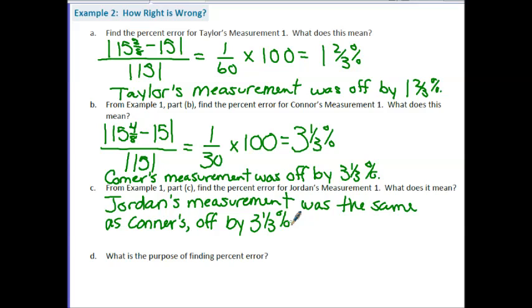Looking at all three of these students, we can tell that the one student that was the most accurate was Taylor, who was only off by 1 2/3%, which is an extremely small value. So what's the purpose of finding percent error? There are several things that you can do with this information, but the general idea is to determine how accurate a measurement is.